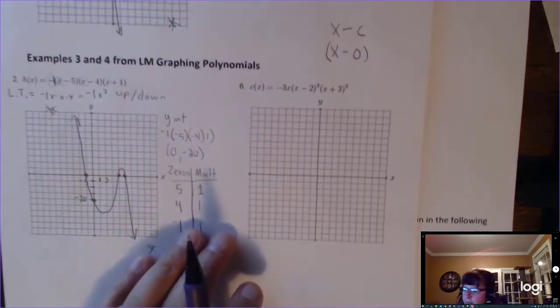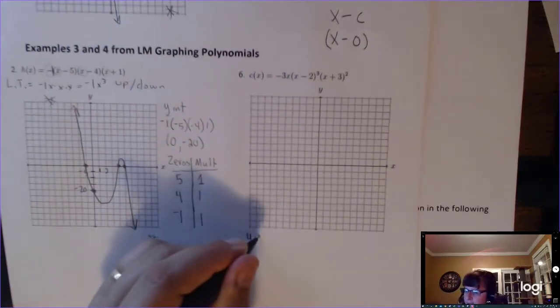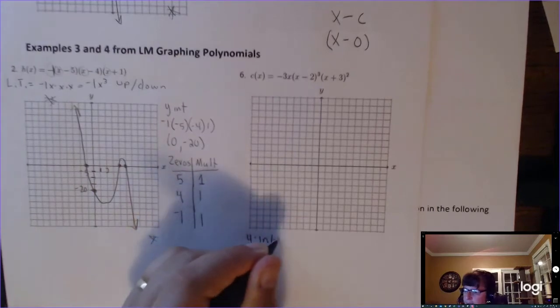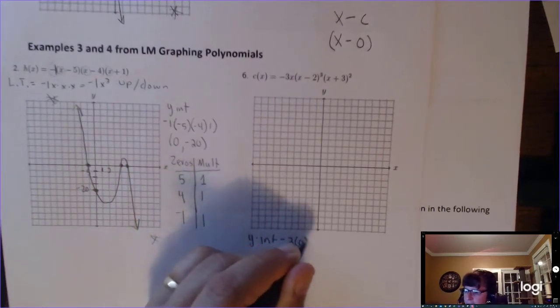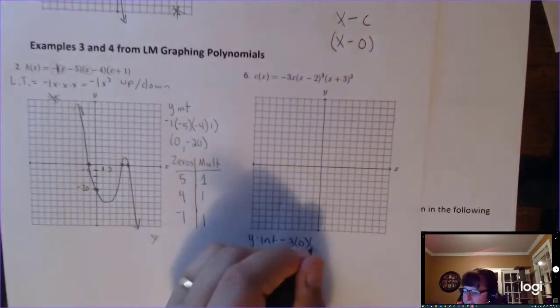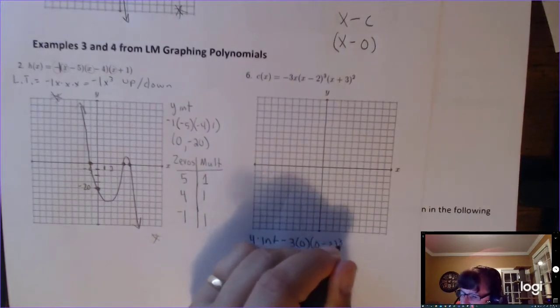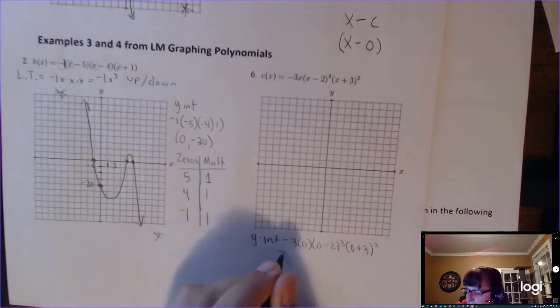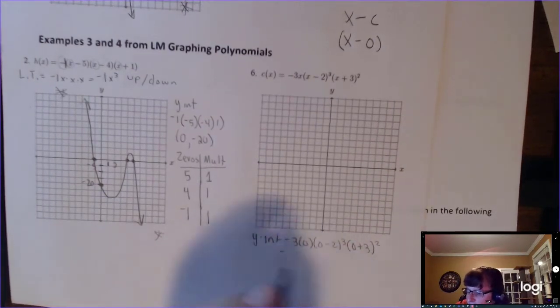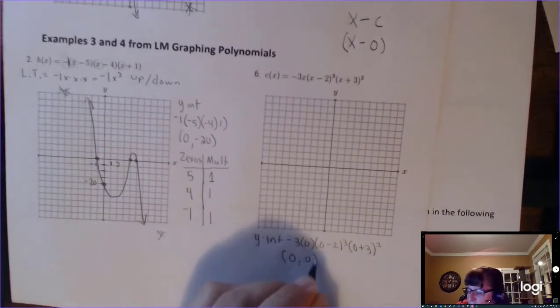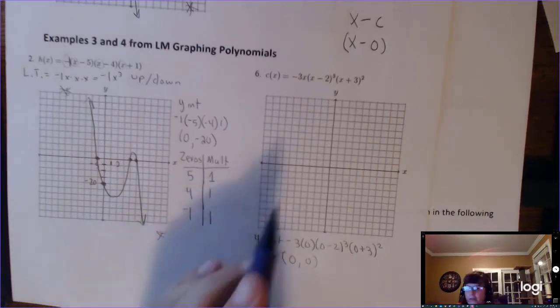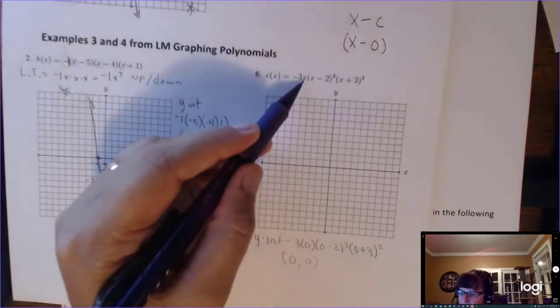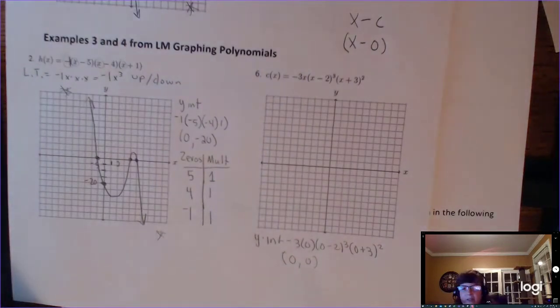The other thing that's weird here is this y-intercept is going to be awfully boring, because when I put 0 in for this x right here, then it just kind of makes all this other stuff not important, because you end up with 0 times all of that, so your y-intercept is 0, 0.